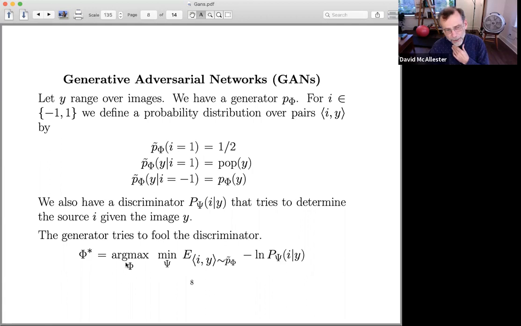But now the generator is trying to make the discriminator's job impossible, right? If the generator can manage to exactly match the true distribution, and these two distributions are the same, the discriminator has no grounds for preferring one or the other. Any algorithm for guessing can at best guess at random.